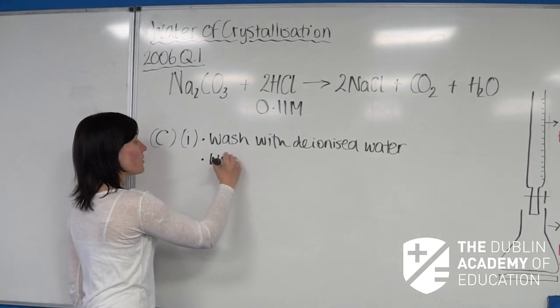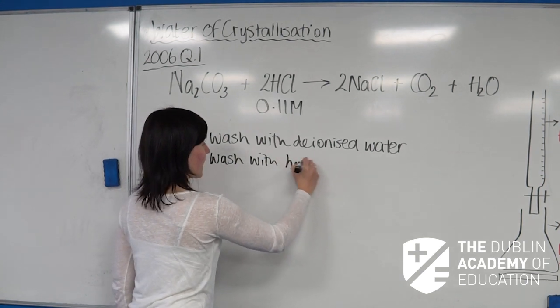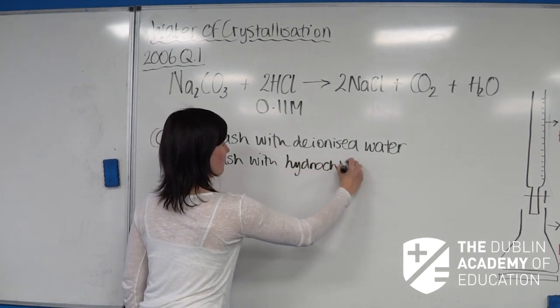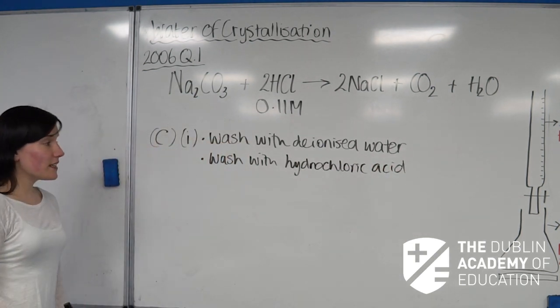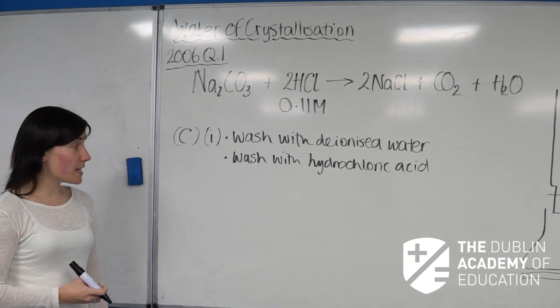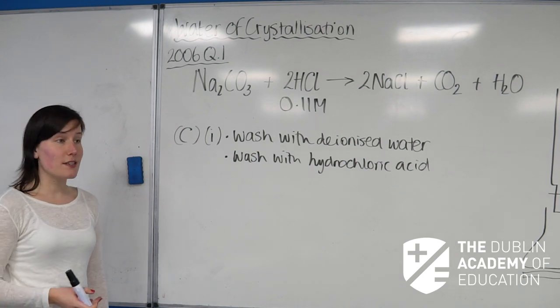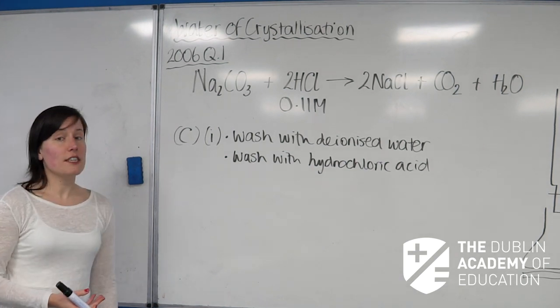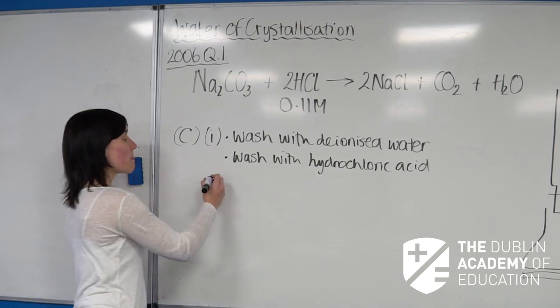So we wash with hydrochloric acid. Okay, so we've got our 6 marks there. We have 3 for mention that we washed it with deionized water, and a further 3 marks for mention that we wash it with the solution it is going to contain. And that's always the procedure for preparing the burette, regardless of what titration you're being asked about.